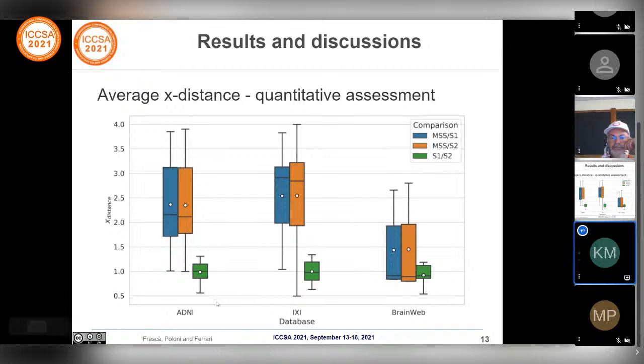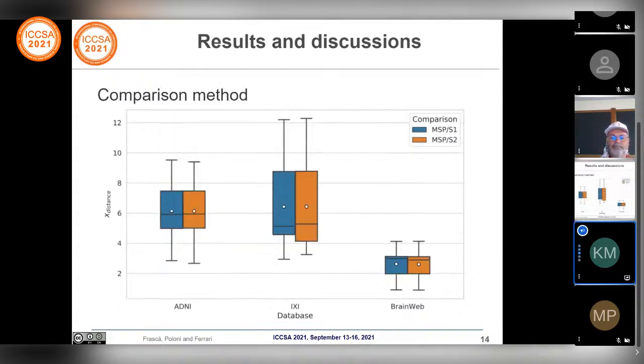The mean values of the results were 0.97. When assessing the MSS results, we achieved a mean X distance result of 2.36 for the ADNI, 2.54 for the IXI, and 1.43 for the brainwave. The global mean distance was 2.11.